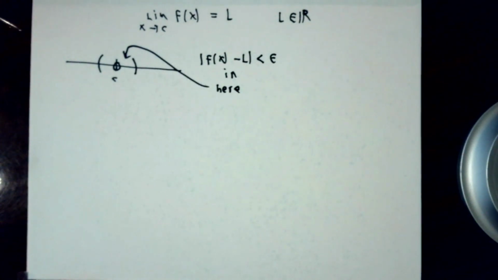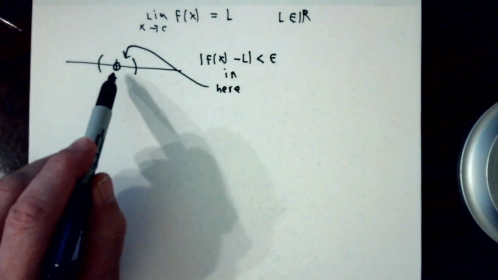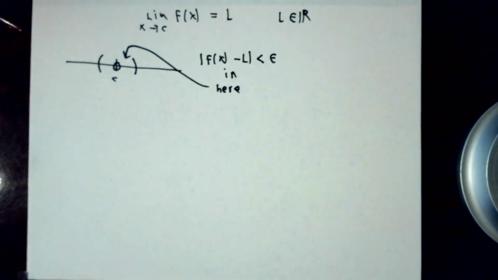That is to say, is there an interval of numbers on the x-axis containing x equals c so that if you're inside that interval, the absolute value of f of x minus L is less than epsilon? We keep in mind, of course, we do not calculate what happens at c. So I'd like to know if there's an interval like this where this happens.